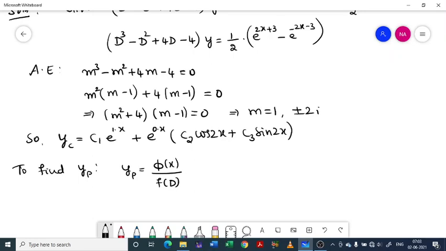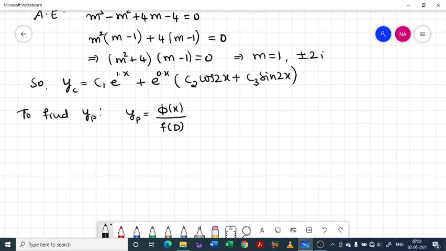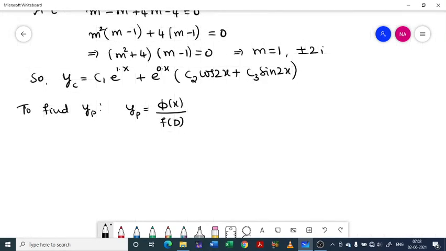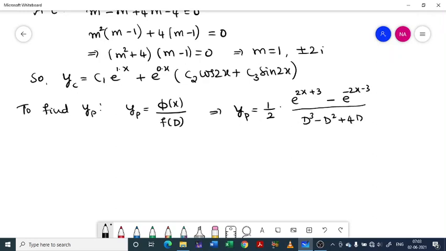Now substituting for phi of x, we will be getting yp equal to 1 by 2, that I will take outside, e power 2x plus 3 minus e power minus 2x minus 3, divided by f of d. F of d is d cube minus d square plus 4d minus 4.